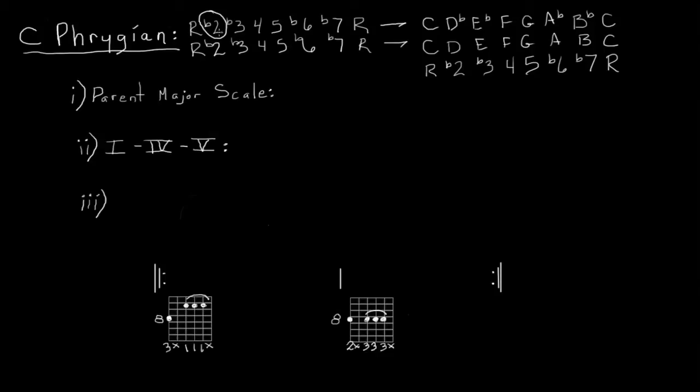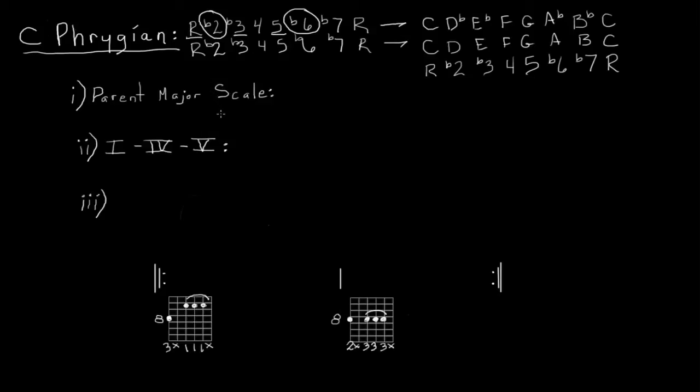So you're going to want to emphasize that flat 2 in your melody. Another cool tone to bring out is the flat 6. There's only one other mode in the major scale system that has a flat 6, and it's Aeolian mode. And then we're left with the usual chord tones, the root, the flat 3s, and the 5s, which are always going to sound good. So anyways, know the formula and things will be great.